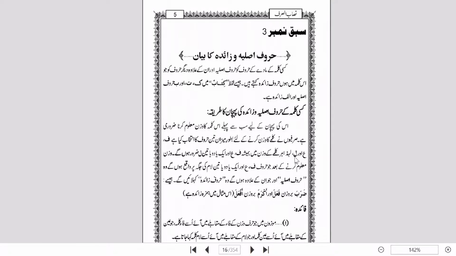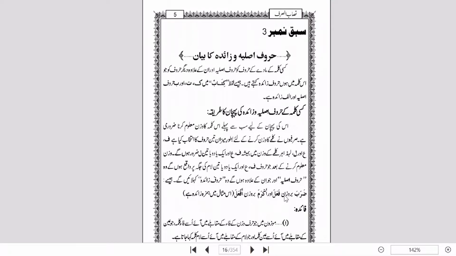Therefore, there will be 1 Fa, 1 Ain and 1 or 2 or 3 Lam. Once you find out the scale of a word, the letters at the place of Fa, Ain and Lam will be called Huroof Asliyah and the remaining letters will be called Huroof Zaidah.